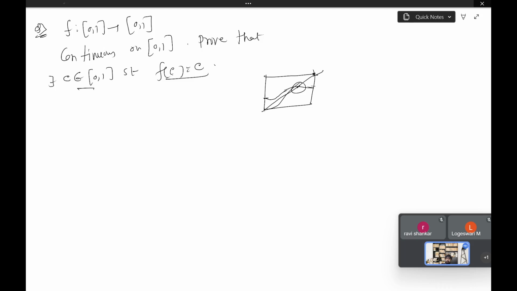So can you try this? Or at least can you have the intuition? Look, solving the problem is important, but also you need to get some intuition. Okay.